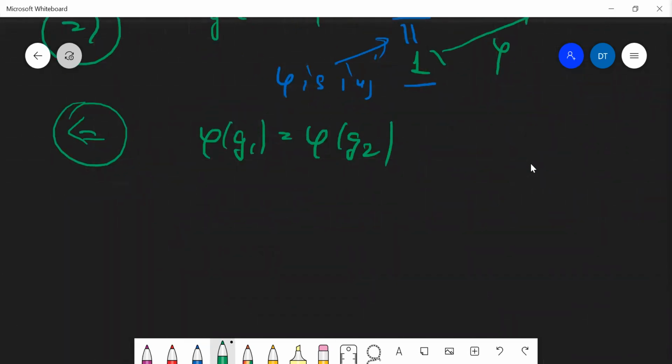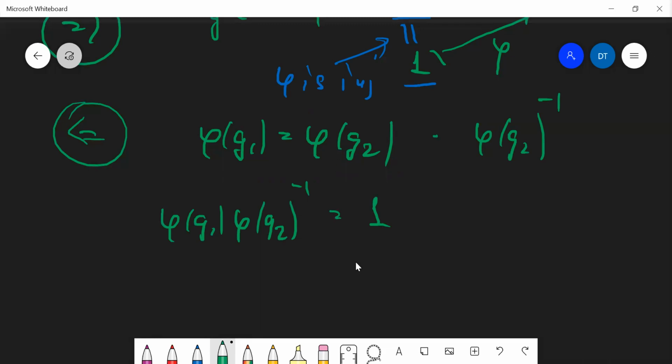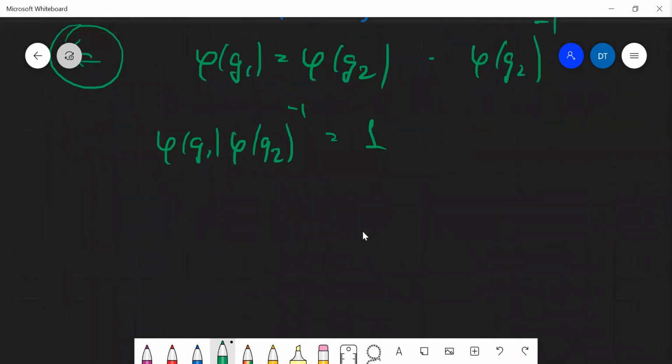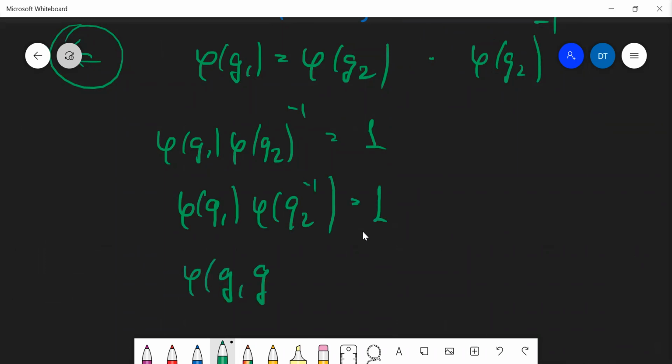Then we may multiply this on the right by phi(g2) to the -1, and we will get this equality. Now, using the fact that phi is a homomorphism, we can rewrite this as this, and then also like this.